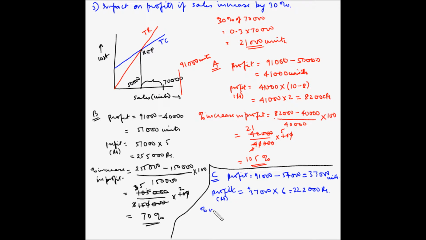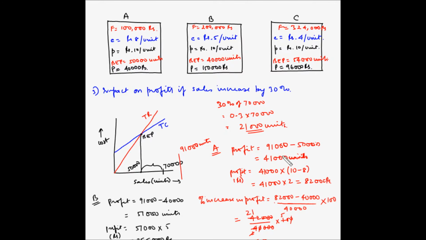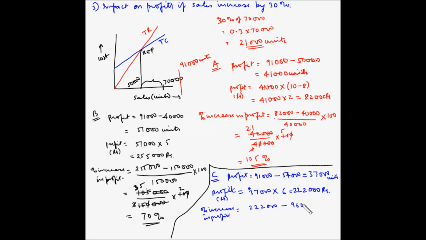Now again, percentage increase in profit will be equal to 222,000 minus 96,000 divided by 96,000 multiplied by 100. So 222,000 minus 96,000 is 126,000 divided by 96,000 multiplied by 100.